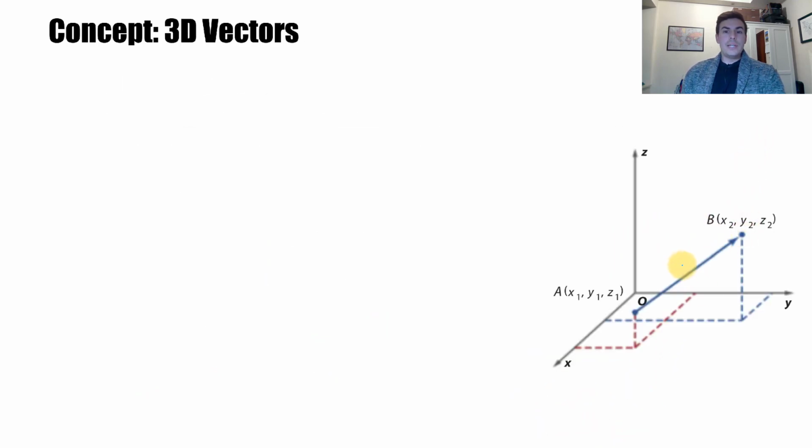All right, so if we don't have a vector with its initial point at the origin, that's okay. That just means that if we had, say, a and b, we'd have a1, a2, a3, b1, b2, b3, or you might see x1, y1, z1, x2, y2, z2.